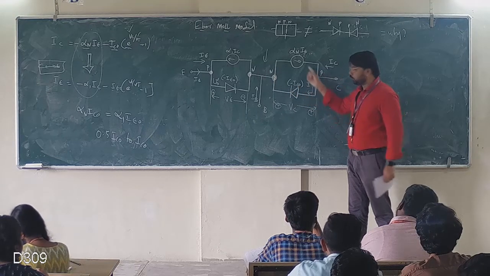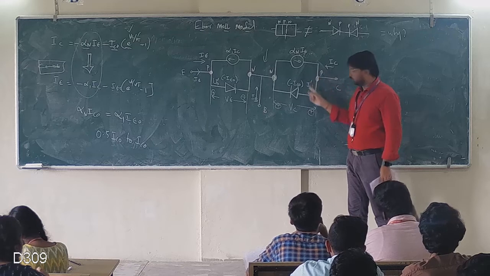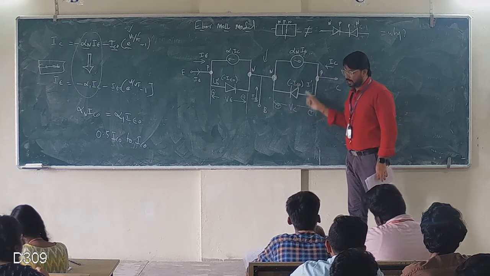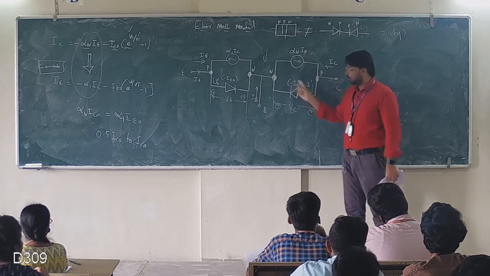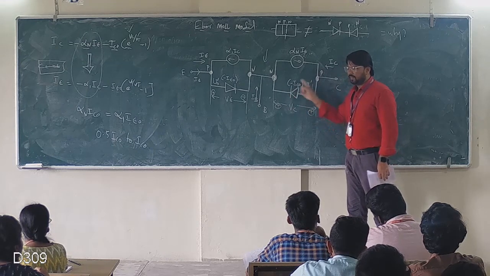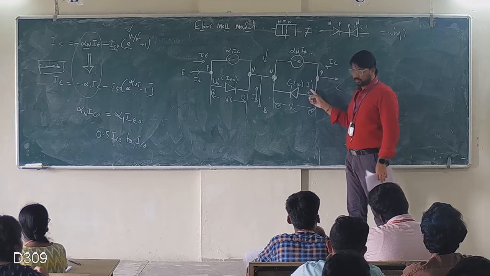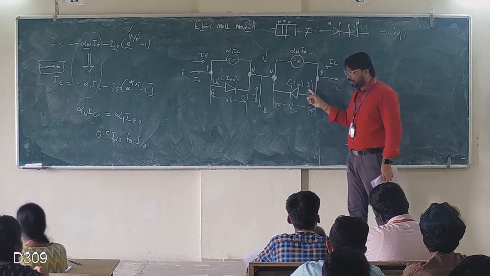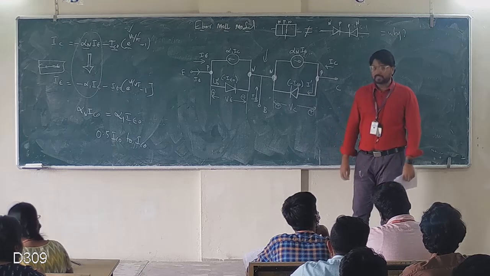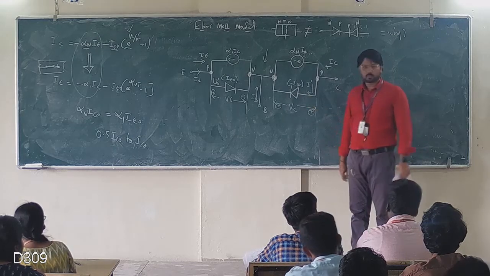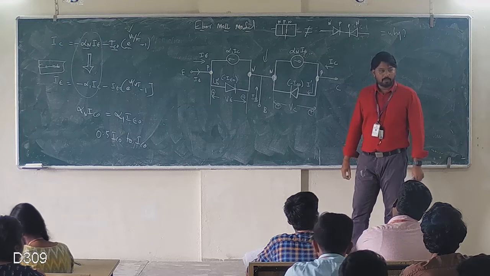It has two paths. One looks like a diode symbol, where it carries the current I dash, and minus ICEO is the leakage current offered by the diode.